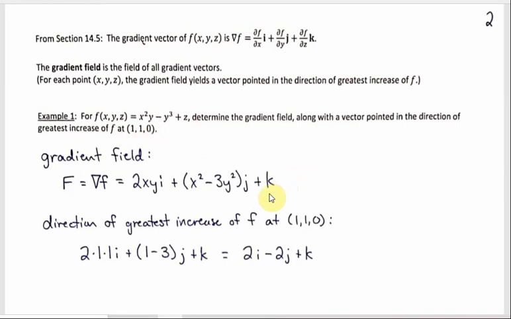Since there's no z in here, you're just substituting 1 for x and 1 for y, and you'd end up with 2i minus 2j plus k. So at the point (1, 1, 0), there's a vector pointing in the direction of greatest increase. That's one thing you can get directly out of the gradient field, and it's one common one that's not that hard to derive.